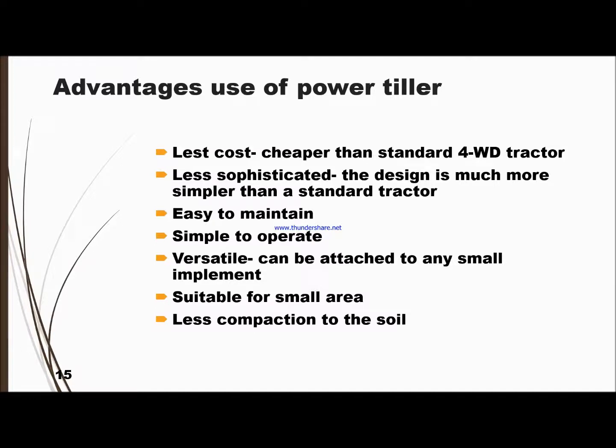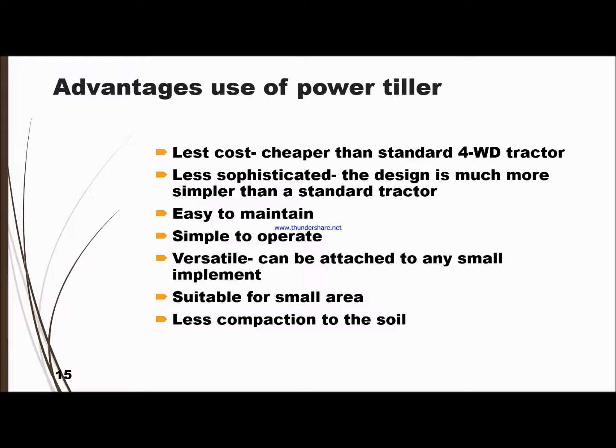Okay, so there are many advantages that can be discussed of using a power tiller. For example, because of the size, it is smaller than a conventional tractor, so the cost can be expected to be relatively cheaper than a standard 4WD tractor, and it is easy to handle, less sophisticated, simple to operate, and versatile, can be attached to any small implement.